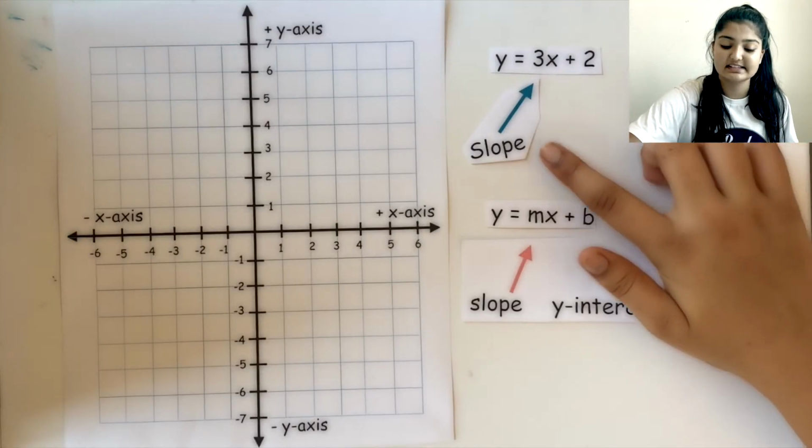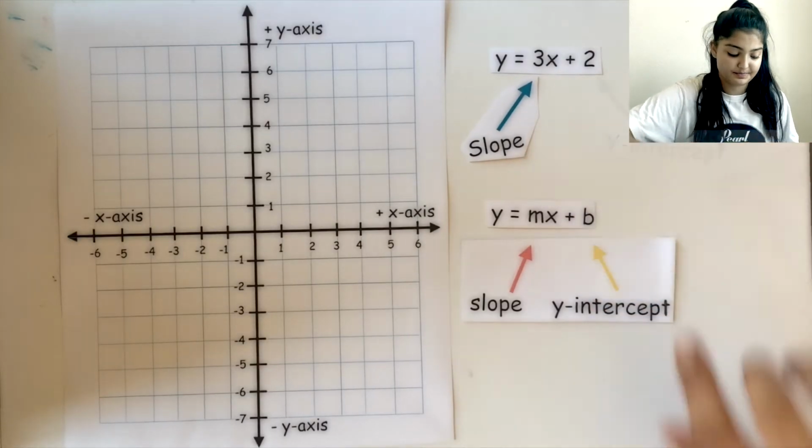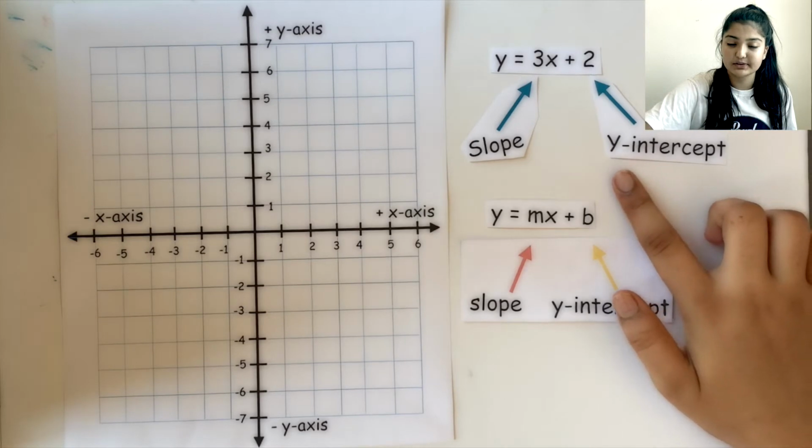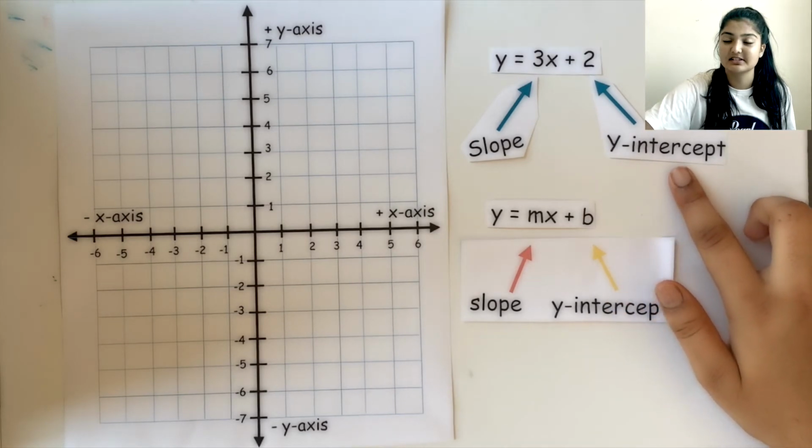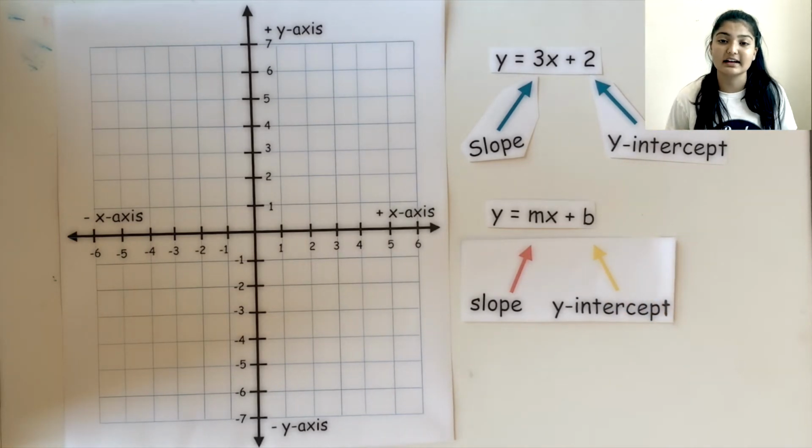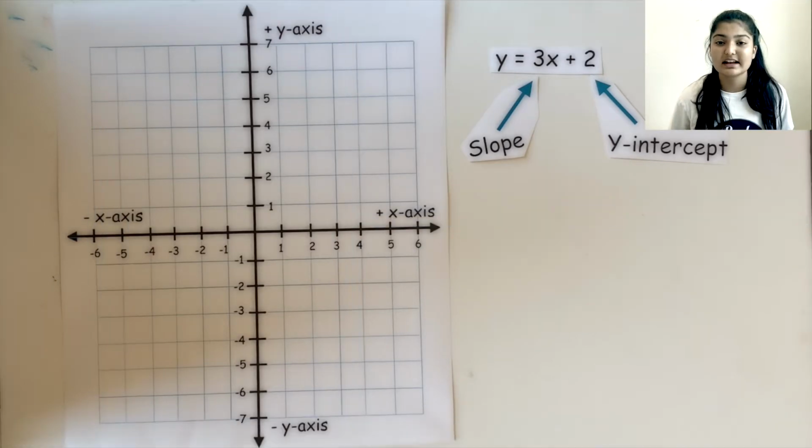3 is the slope of our line, and 2 is the y-intercept, or where the line meets the y-axis. Now that we know this, let's graph the line. In order to graph a line, we need 2 or more points.